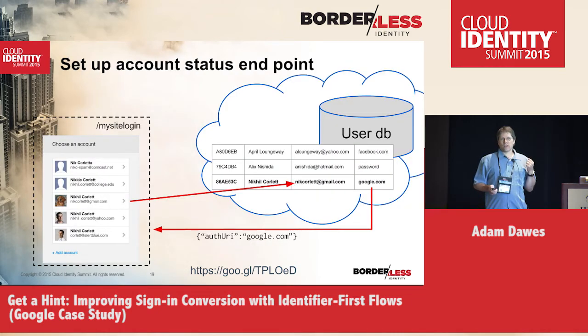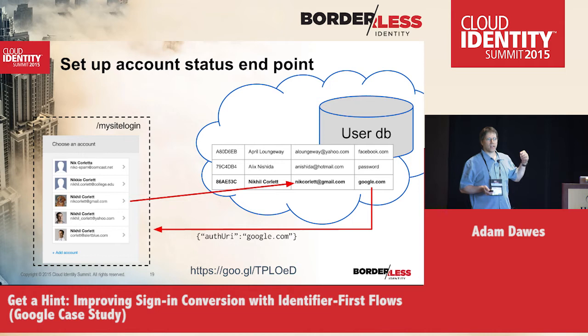So one of the things that you should do when you're moving towards using an account chooser and doing identifier first is this account status endpoint. This is really where you can drive a lot of the magic of what the user experience is.